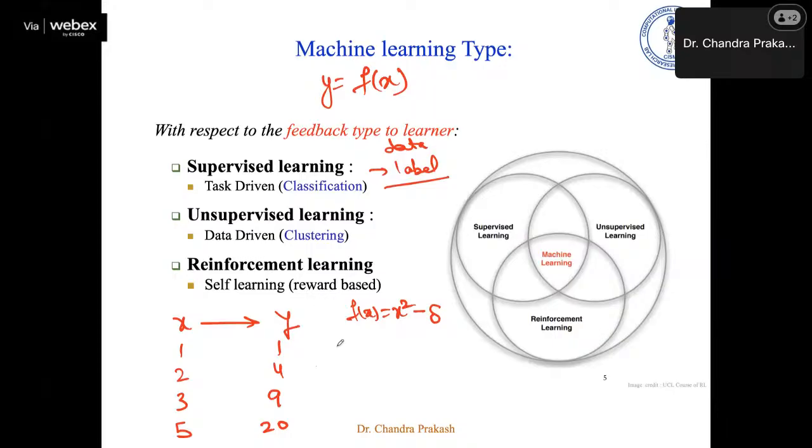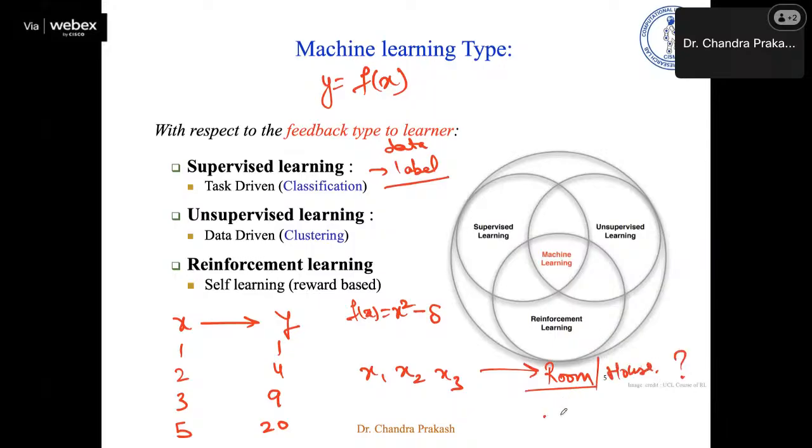Supervised learning can be divided into two parts: one is classification, and another is regression. Let's say, based on some particular parameters x1, x2, and x3, we need to identify the price of a flat, a room, or a house.